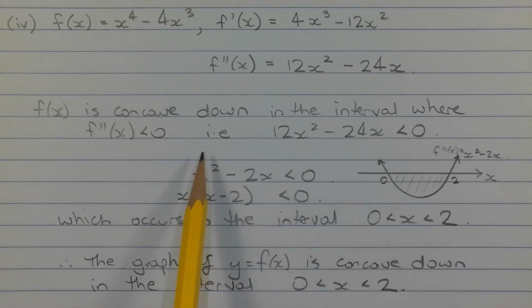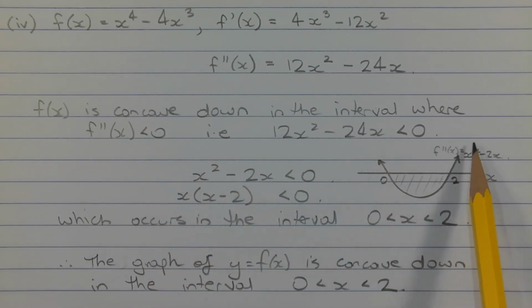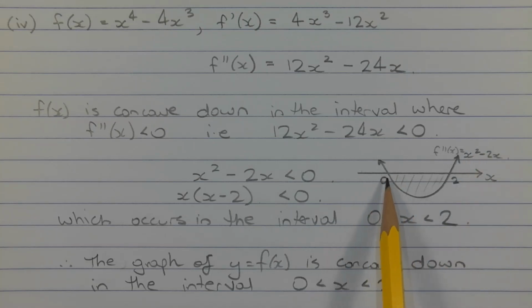Now if we consider the left-hand side, x squared minus 2x, that's a concave up parabola with x-intercepts at x equals 0 and x equals 2. So we're interested in the part of the parabola that's below the x-axis, and that occurs between x equals 0 and x equals 2, not including the endpoints. Therefore, the graph of y equals f of x is concave down in the interval x greater than 0 and less than 2.